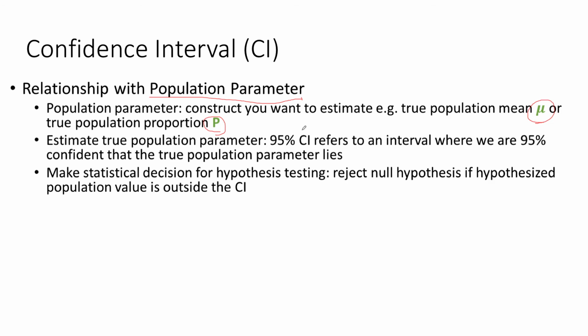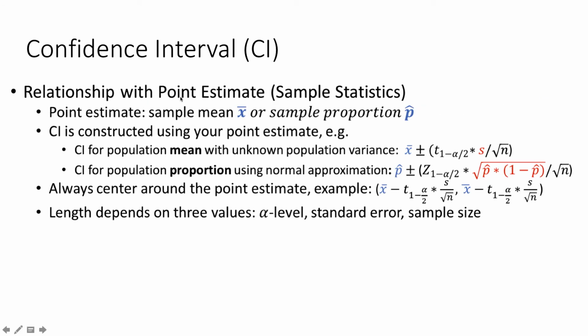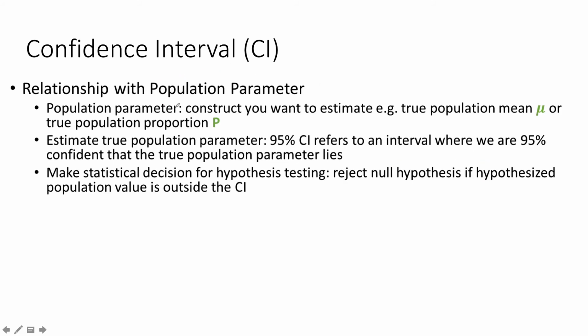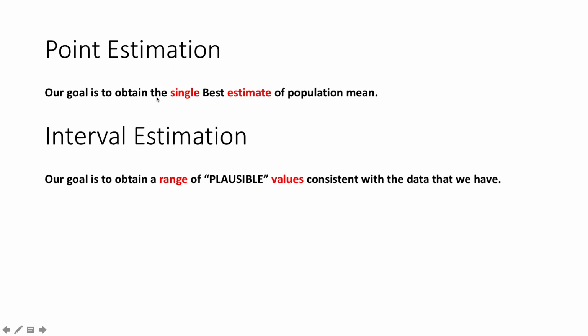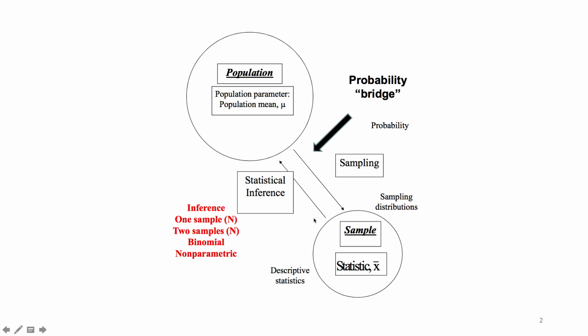So let's go back to one slide. This point estimate is what we get from the sample, and this population parameter is what we want. This is something we have, because we can always calculate this kind of stuff from a sample. And this is what we want.